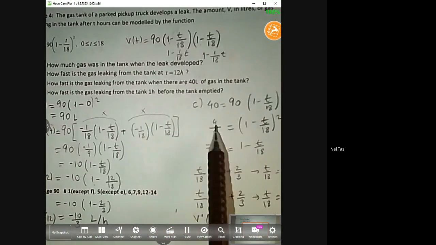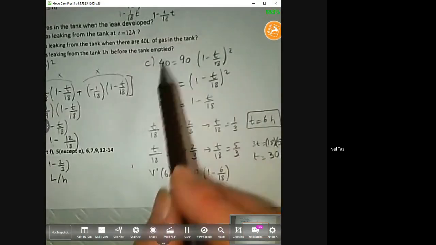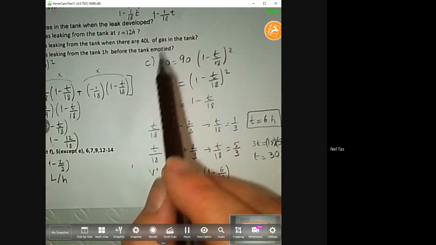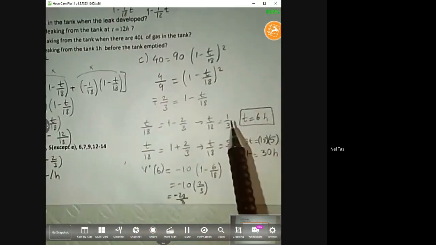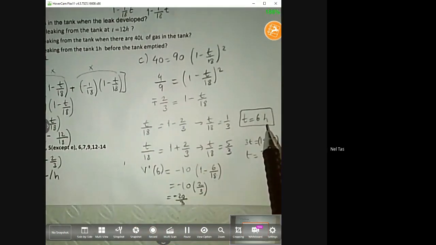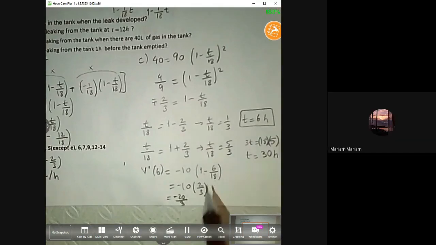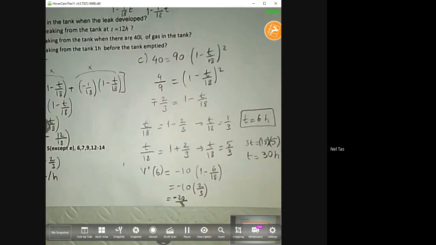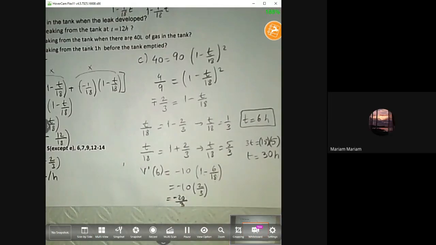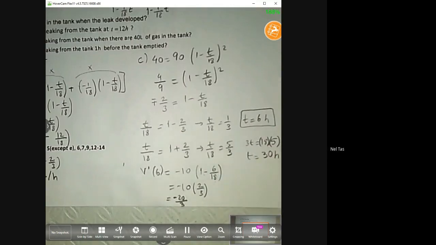So with the first step, we found that there is 40 liters of gas left after 6 hours. But now we want to check how fast it is changing when time is 6 hours. Okay, that makes sense. Thank you. You're welcome. Okay, so that is that.